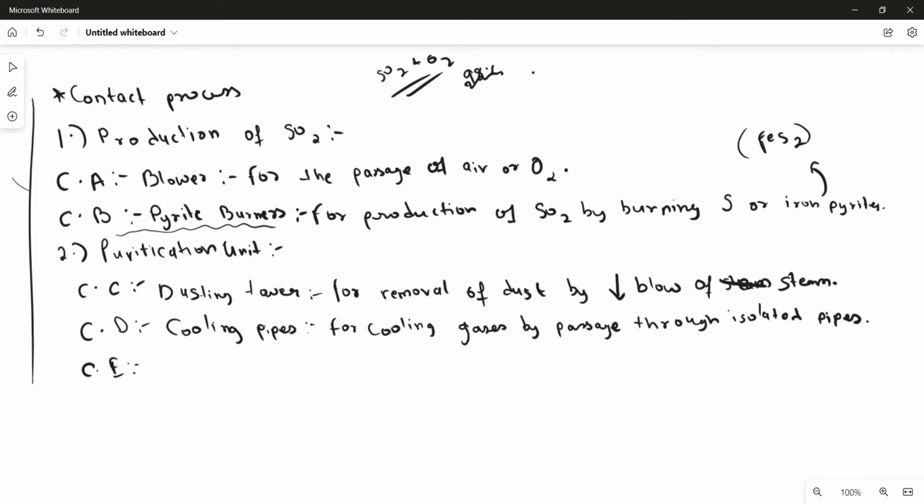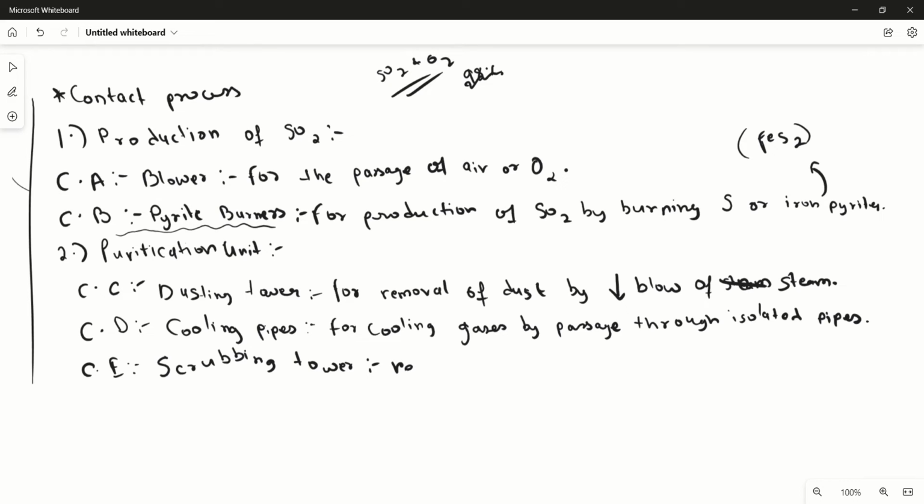Chamber E is called the scrubbing tower. This is for further removal of impurities and dust particles by downward spray of water.